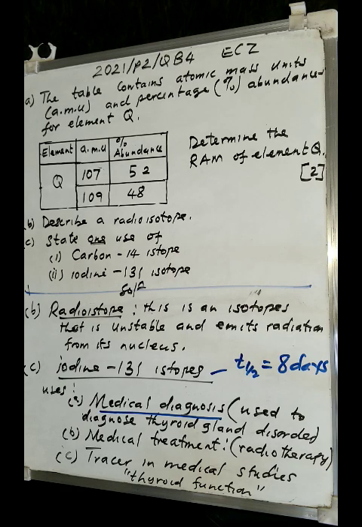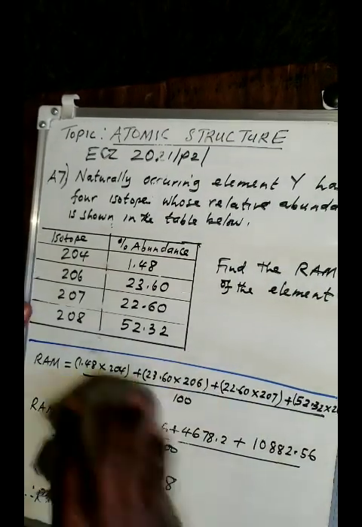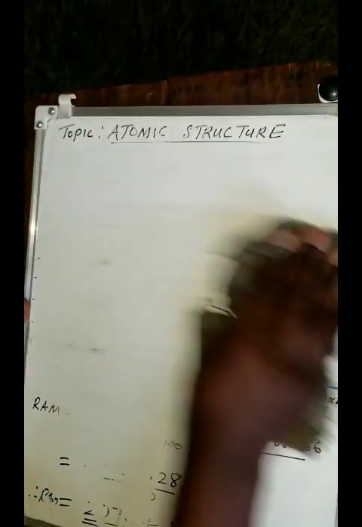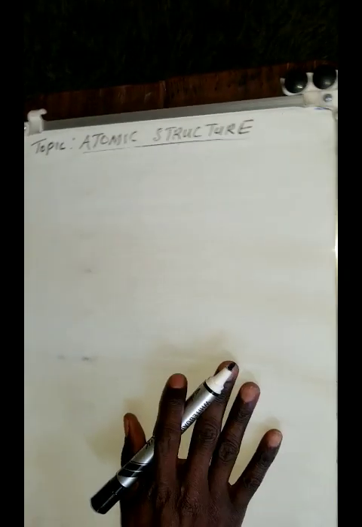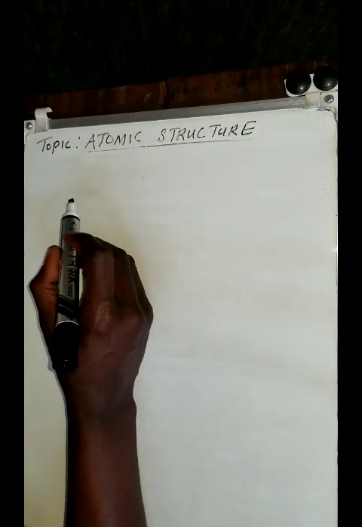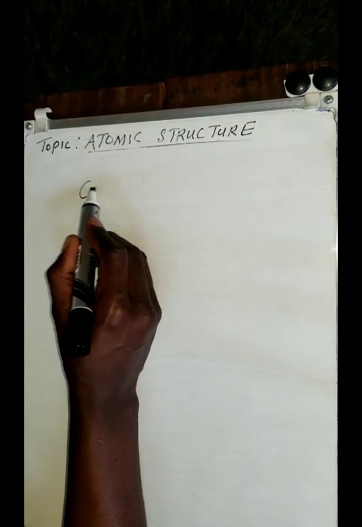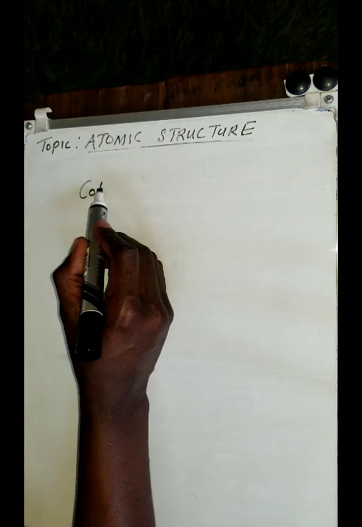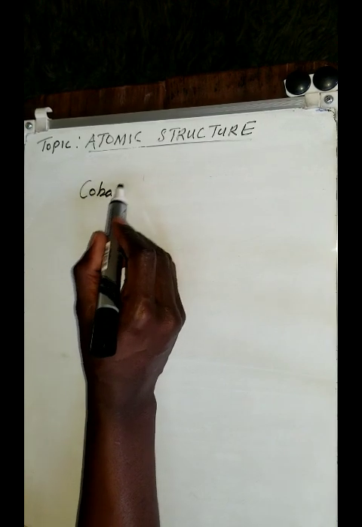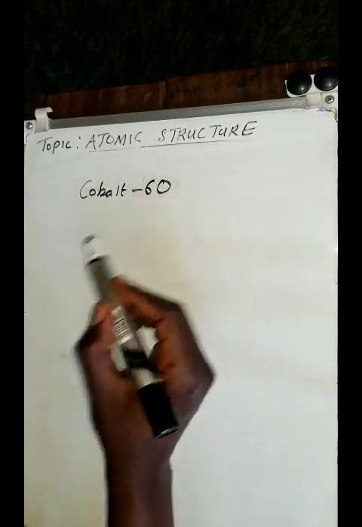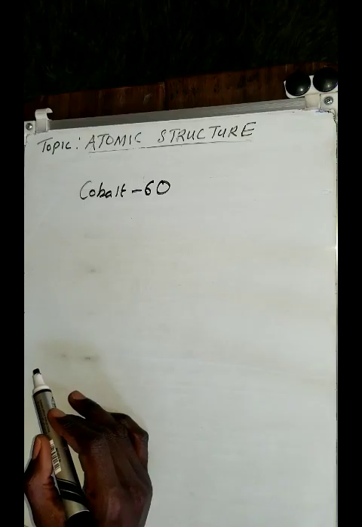May I conclude by sharing some of the common ones you are going to find. For example, another one is cobalt 60, which is very important.